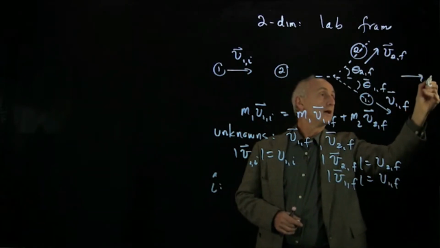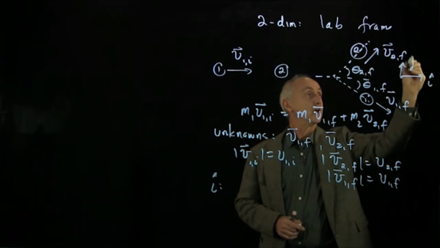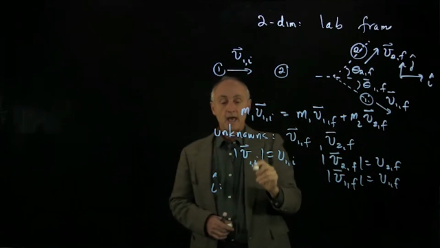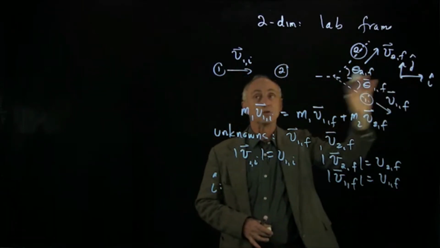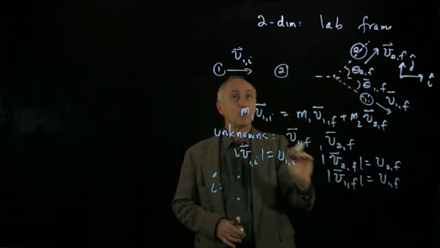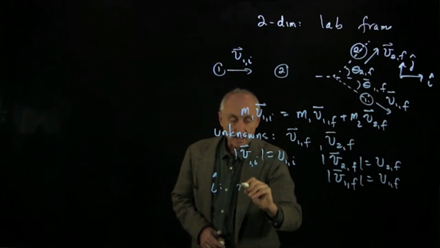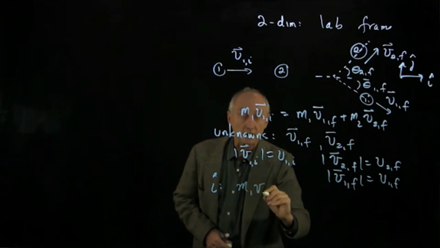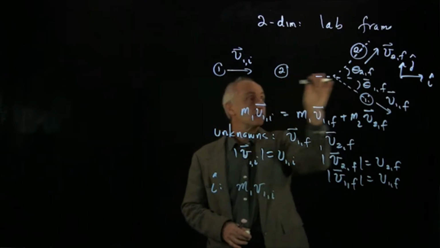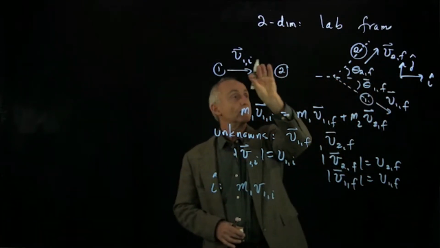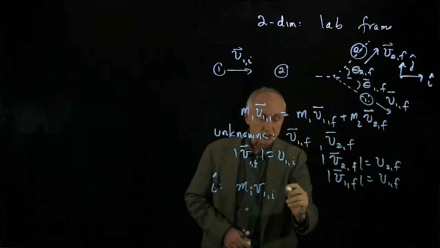So let's call i hat that way and j hat in this direction. And in our i hat direction, we have only the incoming momentum, and we can write that as m1 v1 initial. It's positive because we've chosen the forward direction as our i hat direction.